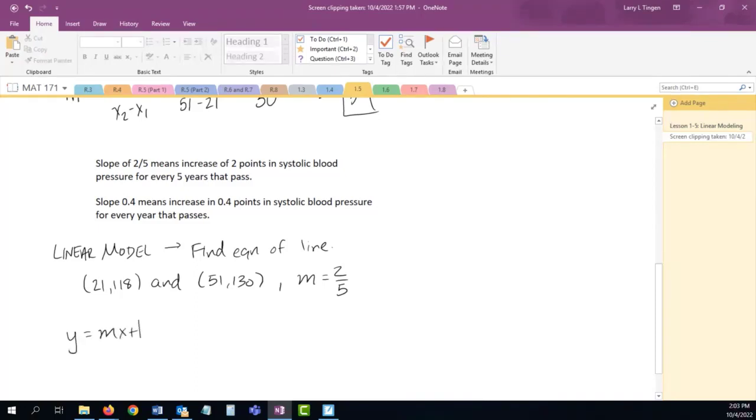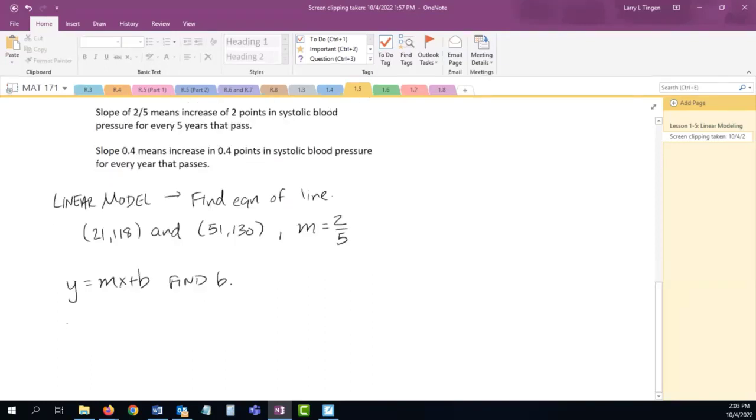So I'm going to use slope-intercept form here and find B. Since they didn't give us an intercept, I've got to go find B. So I'm going to use the first point. Y is 118, slope is 2/5, X is 21. 118 equals 21 times 2, which is 42, over 5, plus B.